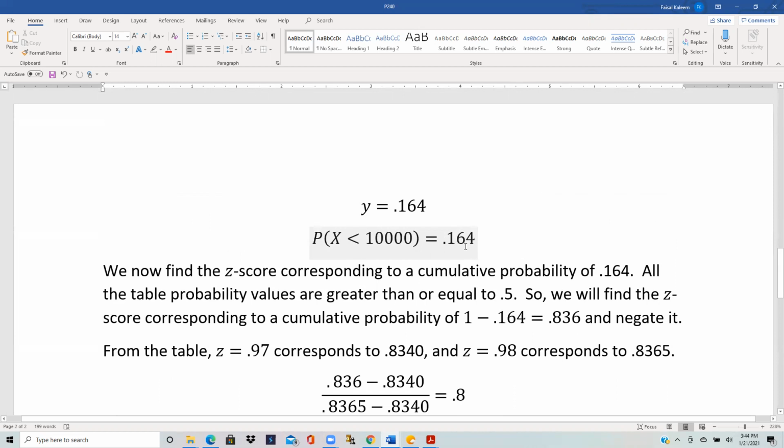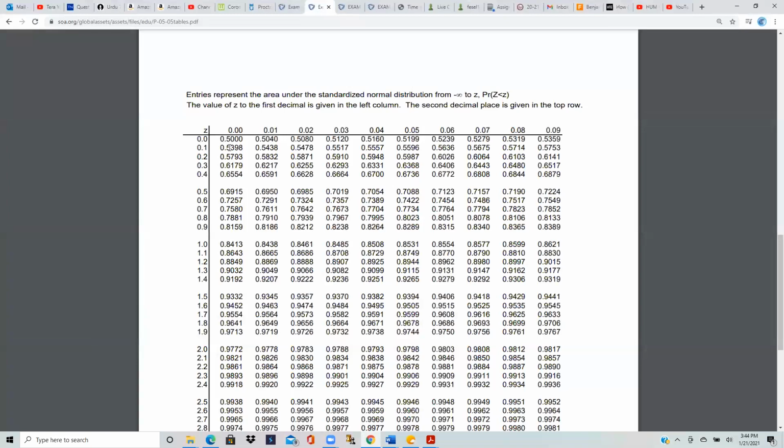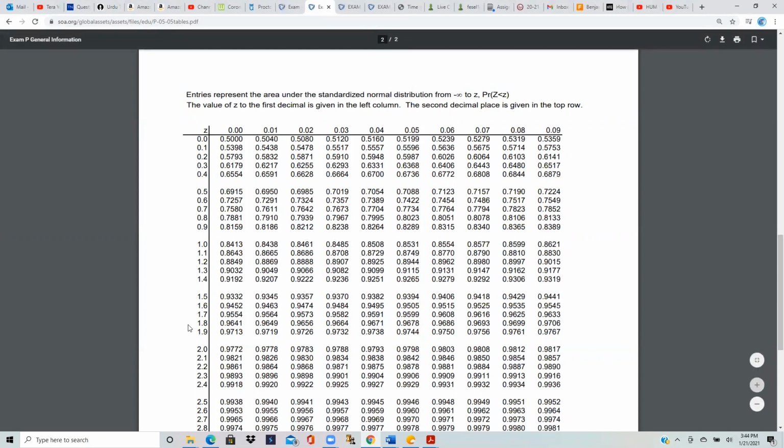And from the table, we can't see the 0.164 in the probability area, because remember, the table has all the probabilities that are greater than 0.5. See, probabilities start from 0.5 because these are the ones that correspond to positive z values.